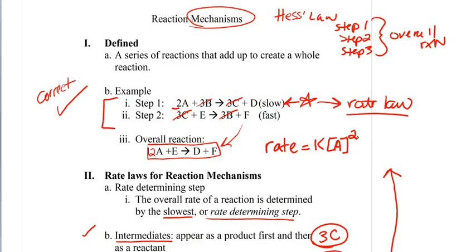And then the other reactant, which is E, is not found in the slow step. And so we would say that E is zero order because it's not affecting the rate of the reaction. You could leave that off because it's considered negligible. And so you could just rewrite it as rate is equal to k[A] to the 2nd order.